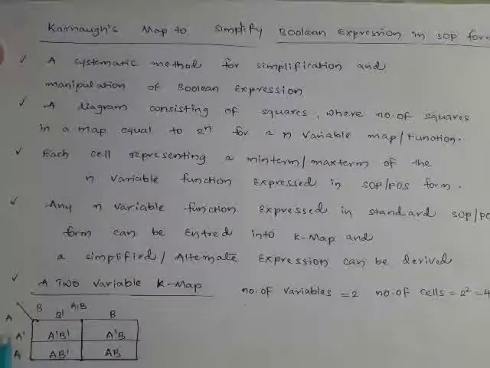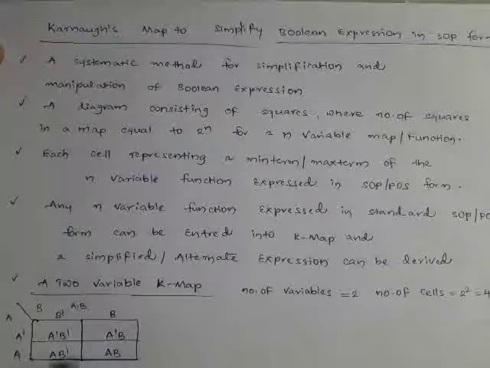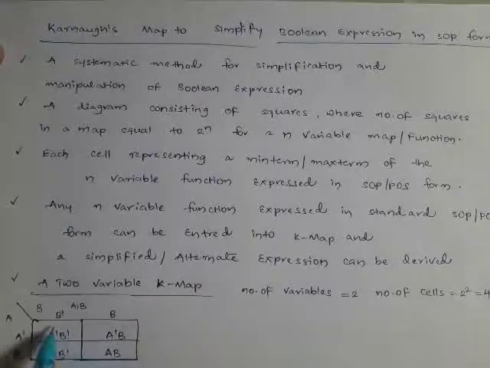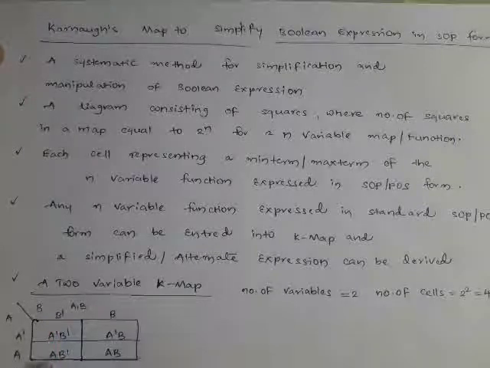Since a can take two values, a equal to 0 represents the first row and a equal to 1 represents the second row. And b also, when it is 0, represents the first column, and b equal to 1 represents the second column.